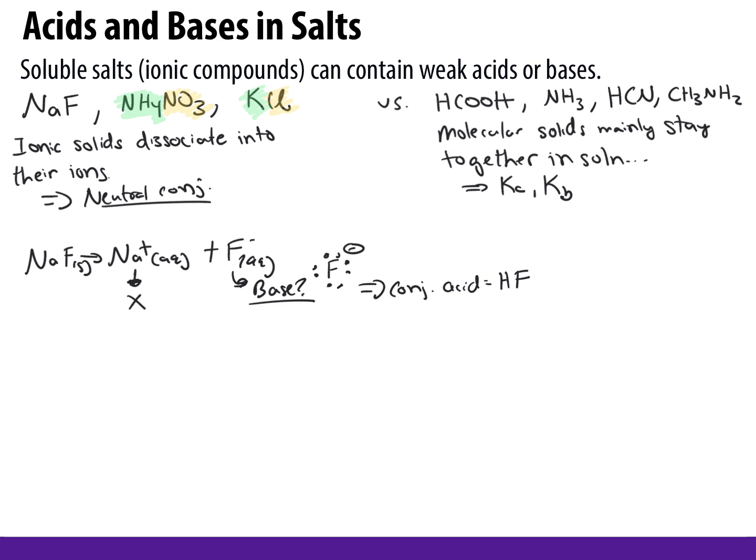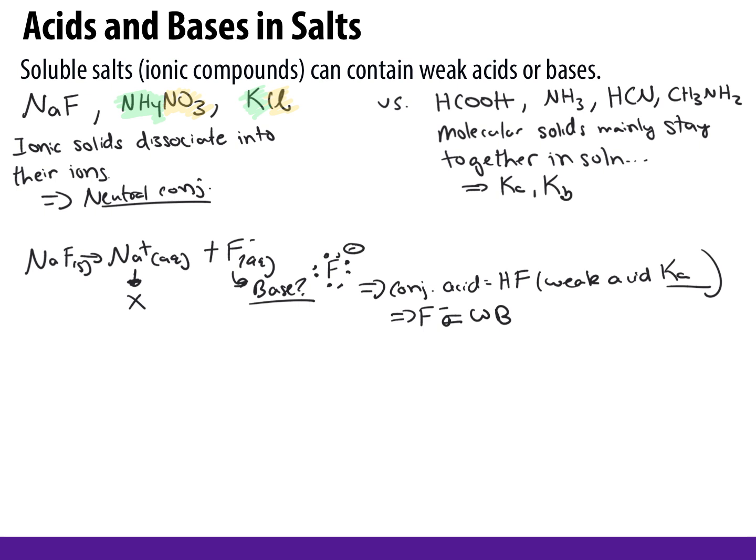So HF, if we think about that one, it is in fact a weak acid. In our data tables, it has a Ka less than 1, it's a weak acid. Therefore, since HF is a weak acid, that makes F- a weak base.